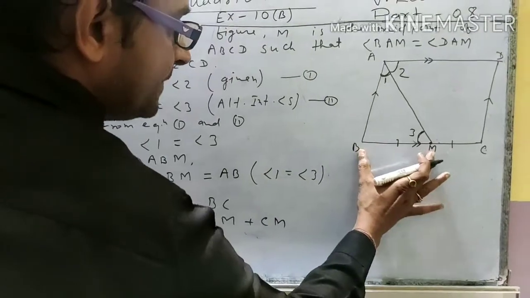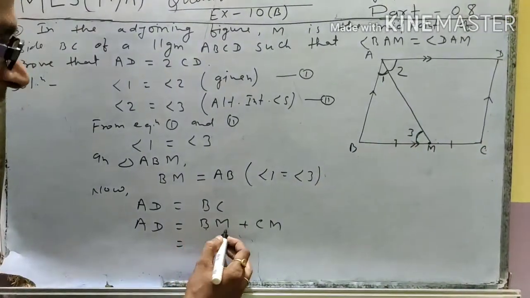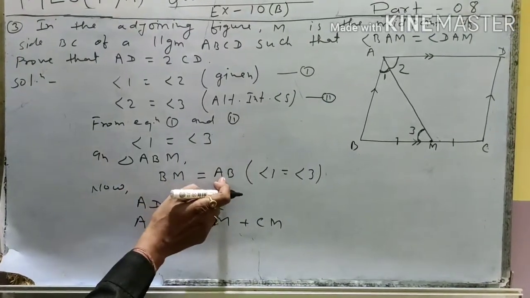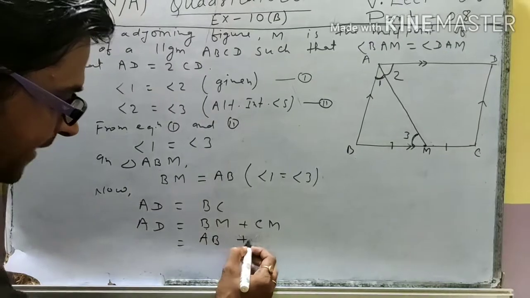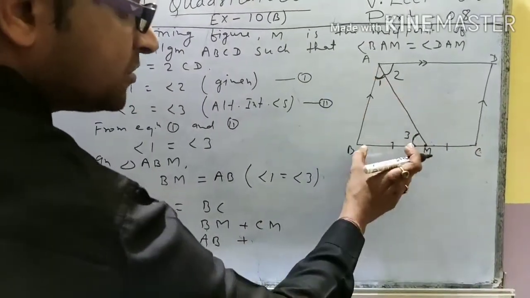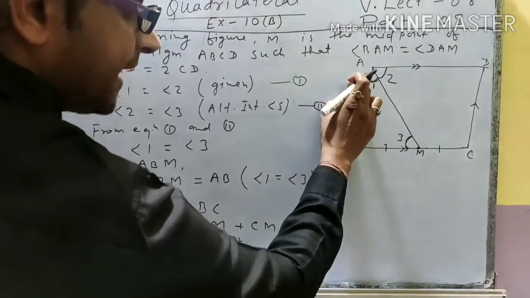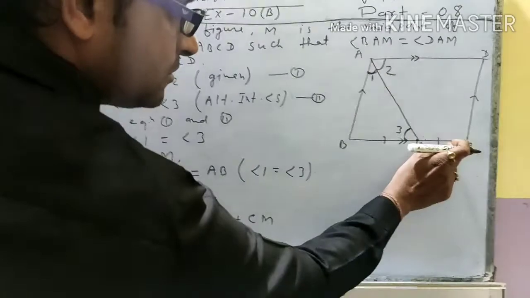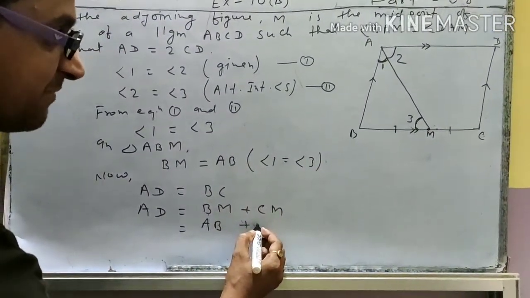BM is equal to AB, already proved here. So BC is equal to AB plus CM. CM is also equal to AB because this side is equal to this side. So CM is equal to AB.